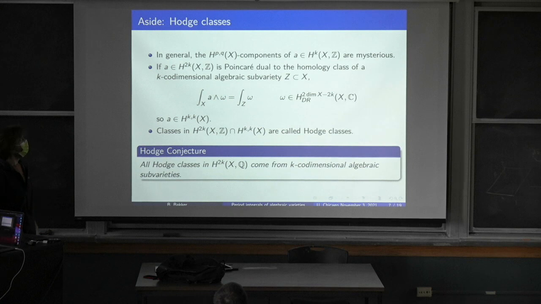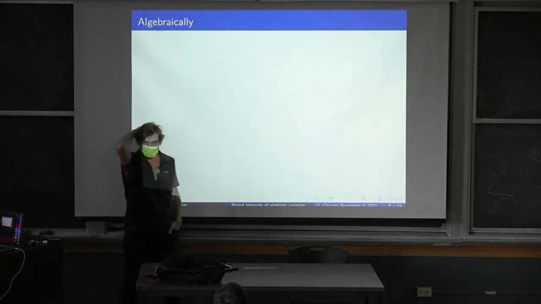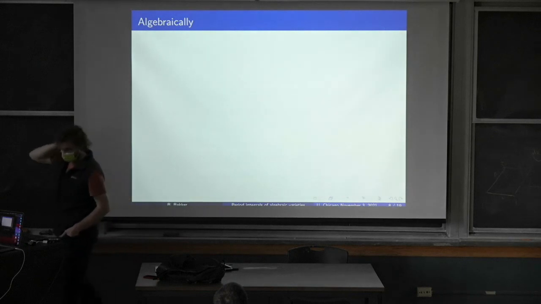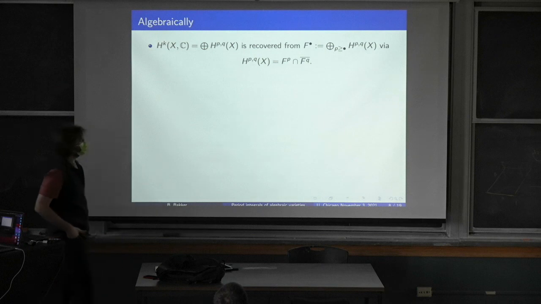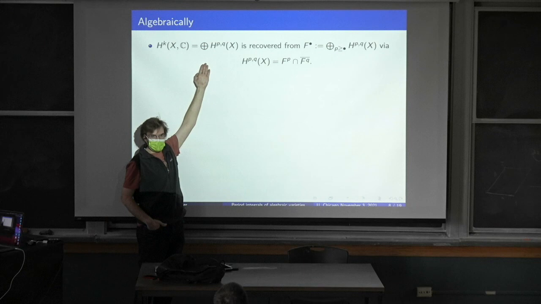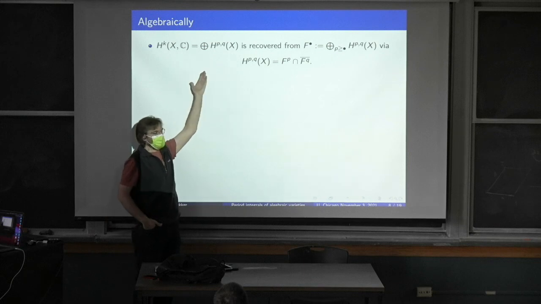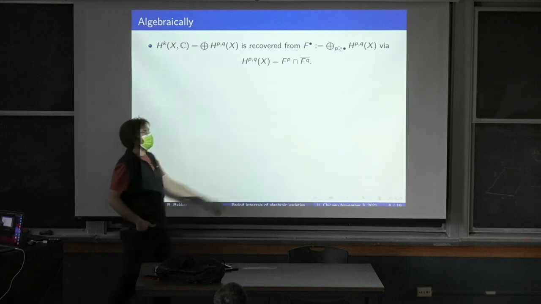Okay, so finally, let's treat the third avatar of the cohomology of an algebraic variety, and we have to pause for a second here because there's no hope of recovering the H^PQ pieces algebraically. There are many reasons for this. One of them is that complex conjugation is a weird thing to find algebraically.